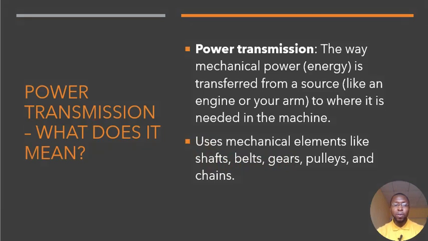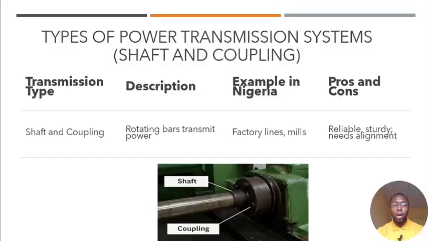So moving on, let's look at how this is done, starting with the shaft and coupling. This is an example of a shaft and coupling. The shaft is the rotating rod, you can see it here, and the coupling is the tool for holding the shaft.